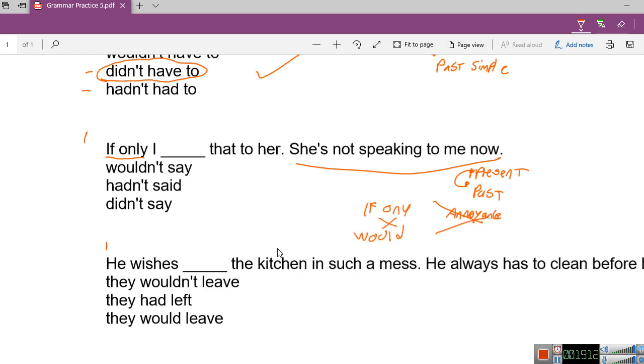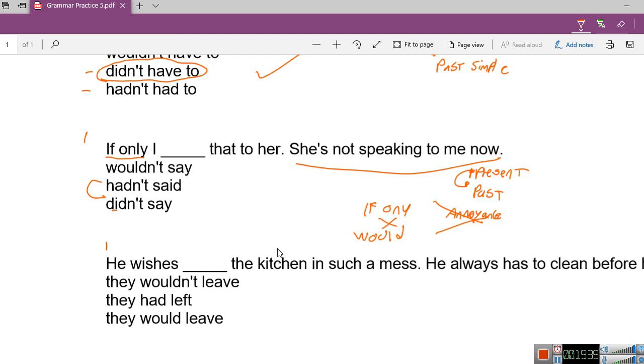I can only use would if I want to say wish would. So we have only these two options, present or past. I think it is past simple.